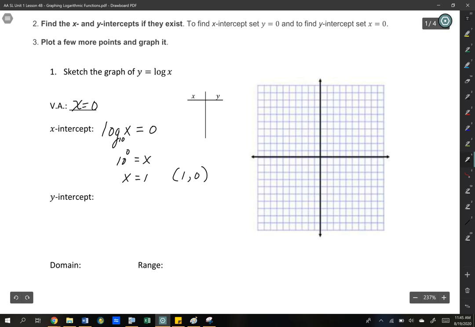Now for our y-intercept, we're going to let x equal 0. And hopefully you'll remember that the domain of a log has to be greater than 0. So this will not work, and that means that it's undefined. So let's make a note here, undefined.